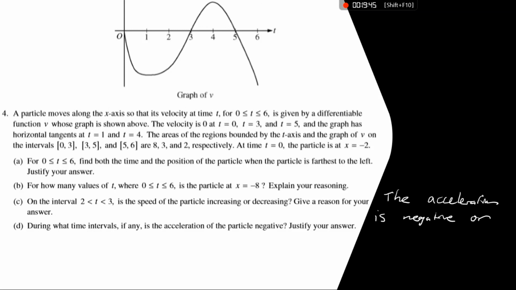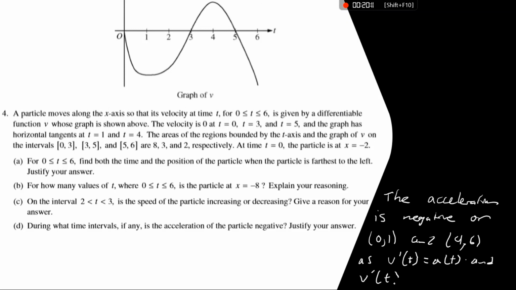You gave me the reason, but if I wanted to write this out mathematically, what could I say? v prime of t is equal to a, and a is negative on that interval. Yep, looks good.